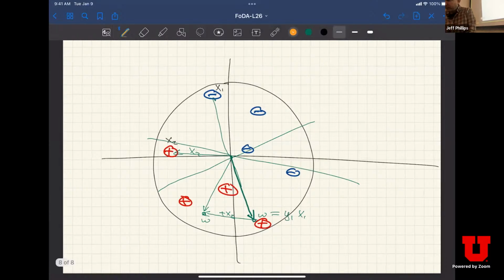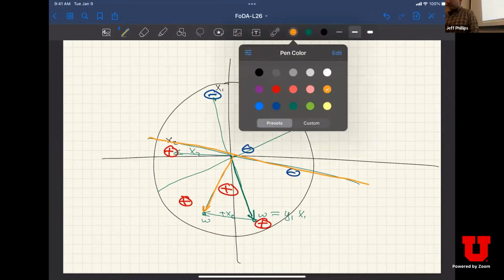After one step, my classifier looks like this. I've now correctly classified 7 of the 8 points, but not all of them. It is not guaranteed that the number of correctly classified points is monotonically increasing. But I've done a little bit better. I should probably rotate a little bit further in the direction it's going.